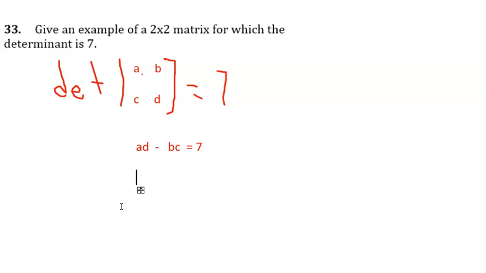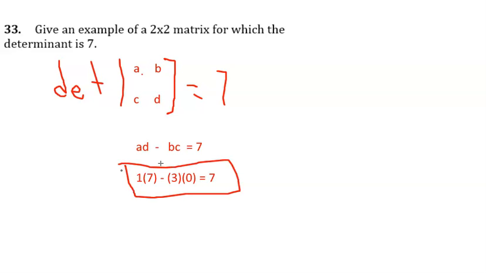Let's let A equal 1. Let's let D equal 7. Let B equal 3. And let C equal 0. That equals 7. So that works. So the matrix for this determinant could be this.